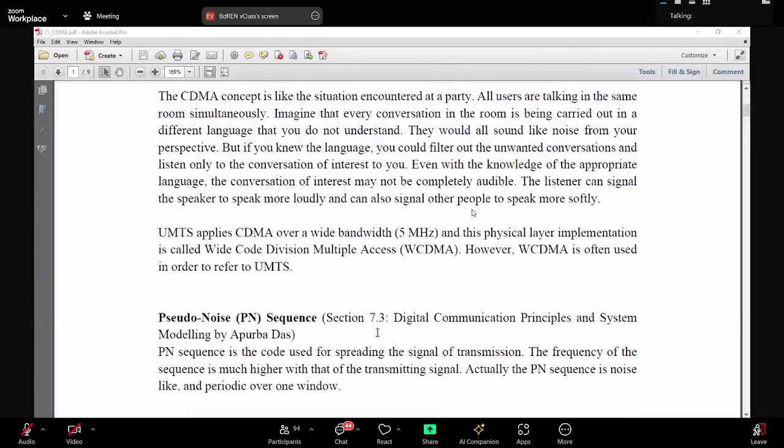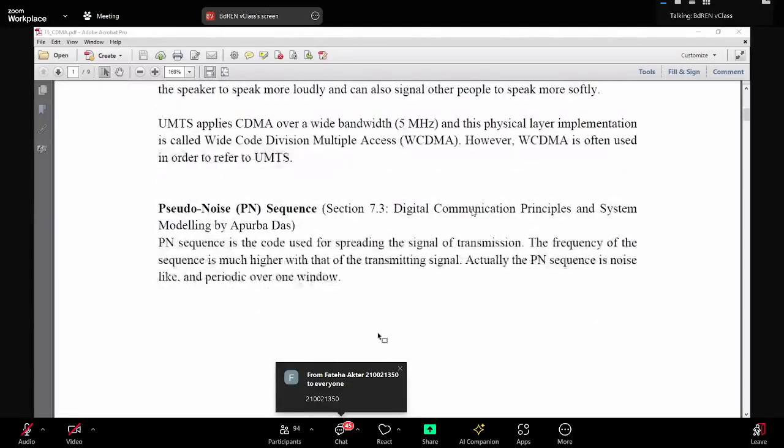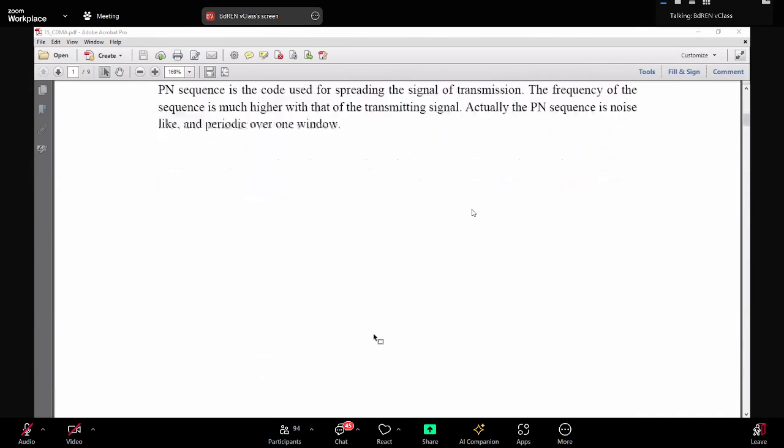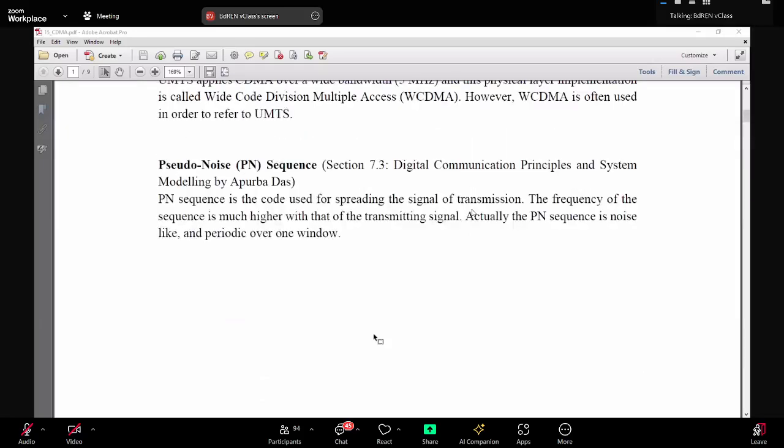Now, what kind of code may you assign to different users in the cell? These codes are bit sequences, and these sequences are called pseudo noise sequences.